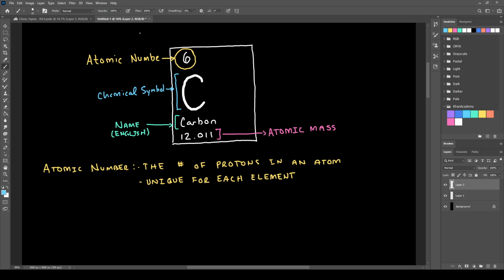The chemical symbol, I don't think we need to define here, so we're going to skip that, and the name as well. But probably the other thing that we want to include, and when we write atomic mass here, to be very specific, we should write average atomic mass.